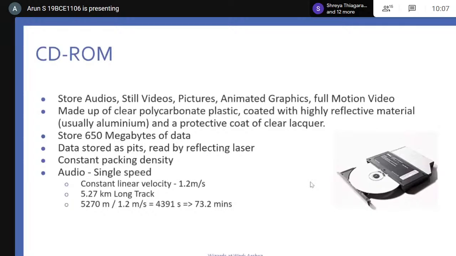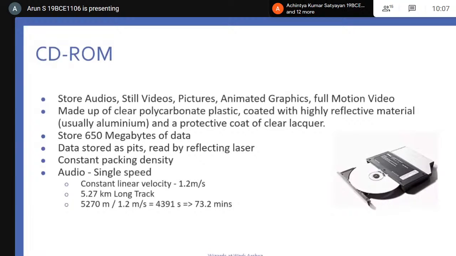In a CD-ROM, data is stored as bits. It is read by a reflecting laser on the bottom of the disk. A CD-ROM has a constant packing density where the data track is approximately 0.5 microns wide, a minimum of 0.83 microns long, and 125 nanometers high, with a 1.6 microns gap separating one track from the next.